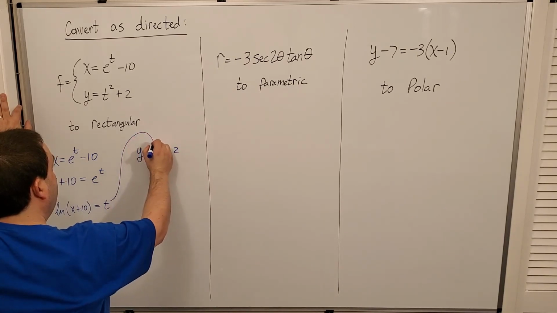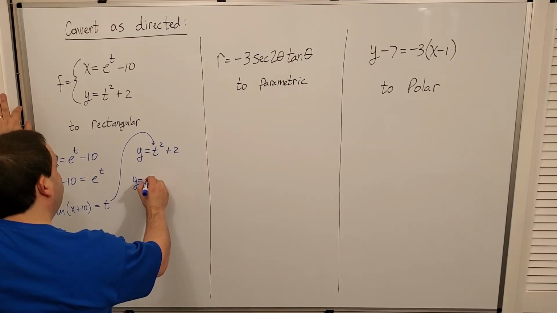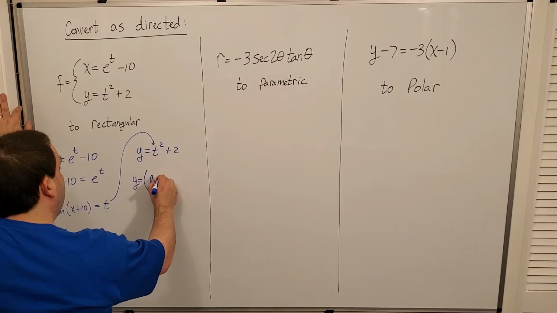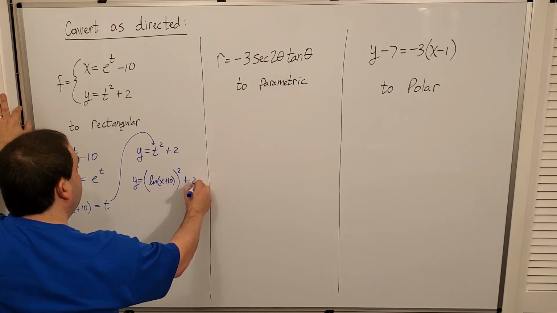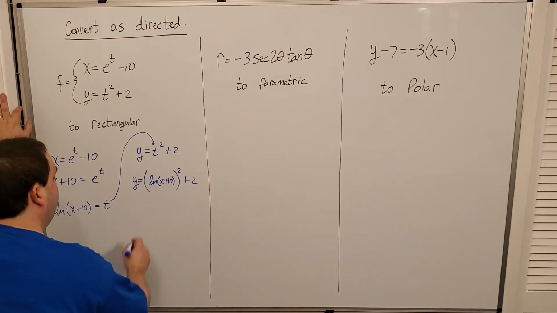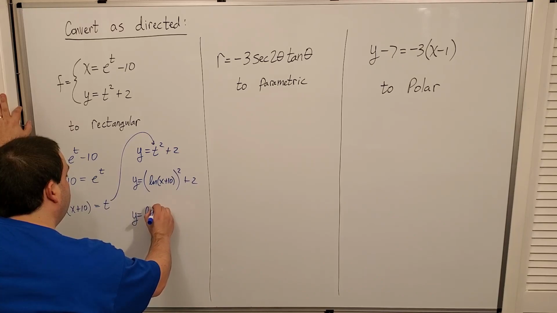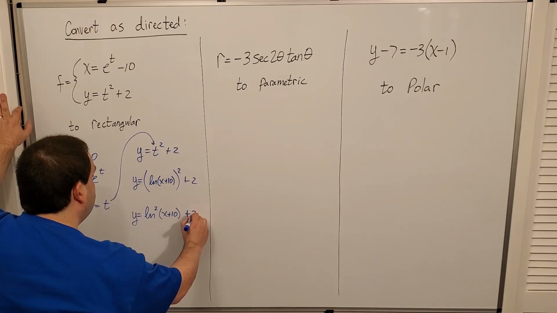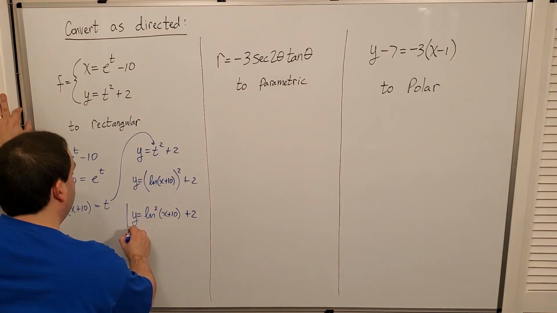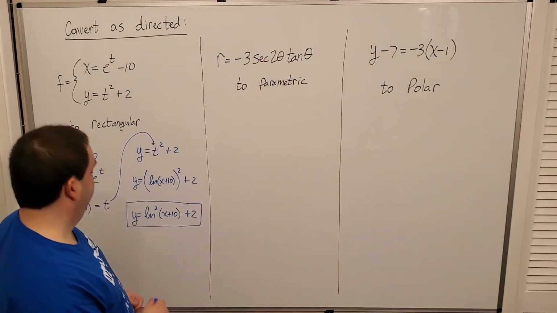Right, I'll plug this in here. So then y is equal to the ln of x plus 10, squared, plus 2. And of course, I would just finish up by putting that in a shorthand that we use, which is to put the squared here on the ln, like so. And then this would be the rectangular form of that parametric equation.